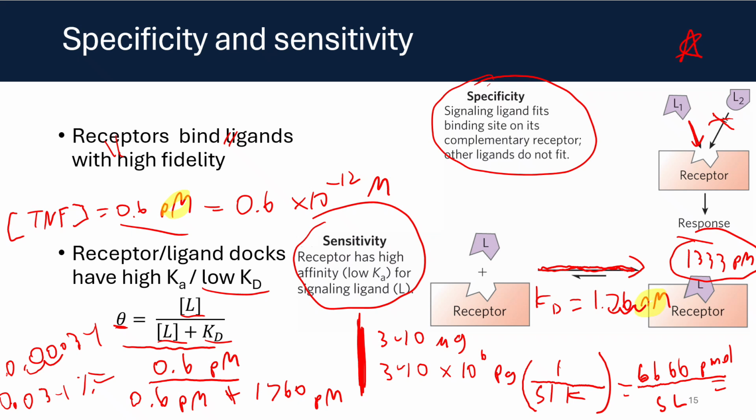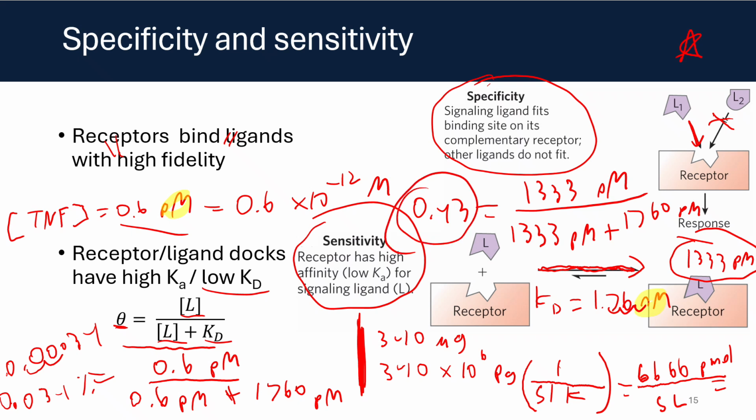Let's put this back into that equation now. We're going to get a very different result. 1333 picomolar divided by 1333 picomolar plus 1760. That will equal to, look at that, 0.43, aka 43% saturation.